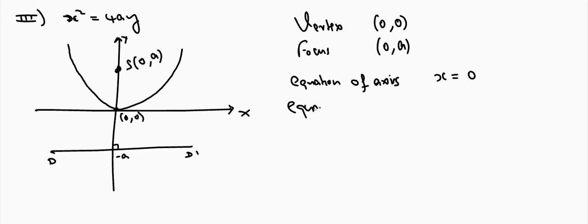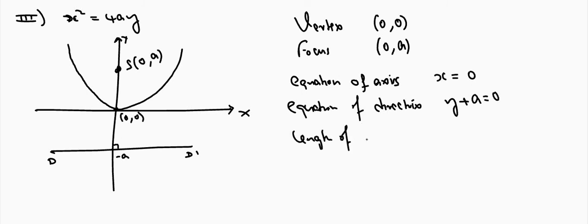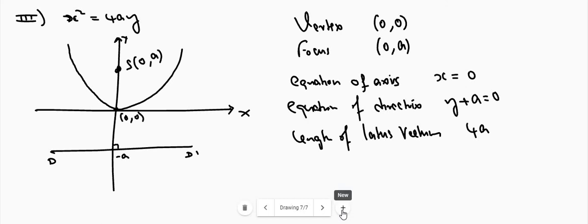Then the equation of the directrix, the fixed line which passes through (0, minus a), is y equals minus a, or y plus a equals 0. The length of the latus rectum is 4a.